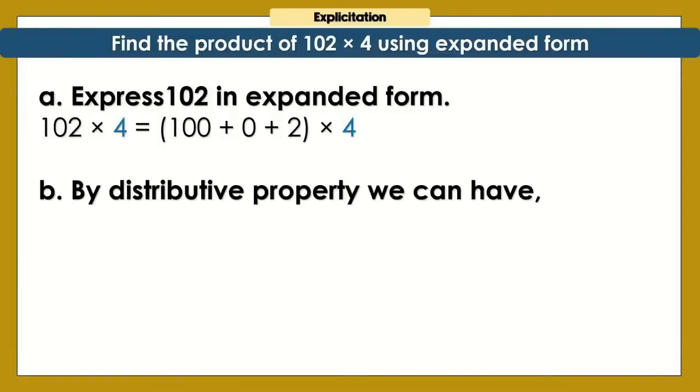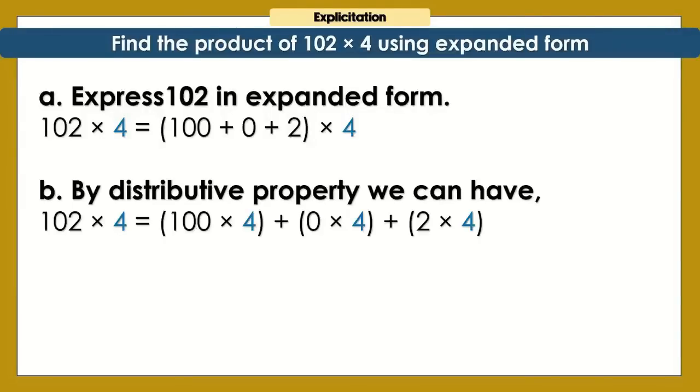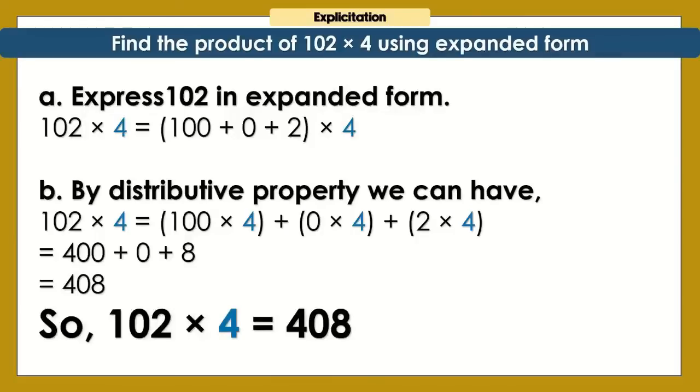By distributive property, we can have 102 times 4 equals 100 times 4 plus 0 times 4 plus 2 times 4 equals 400 plus 0 plus 8 equals 408. So 102 times 4 equals 408.